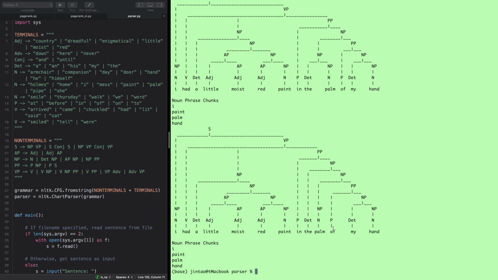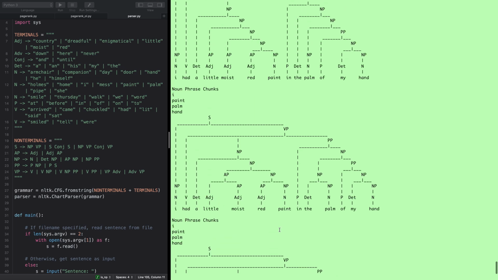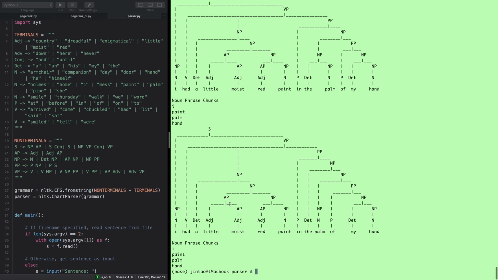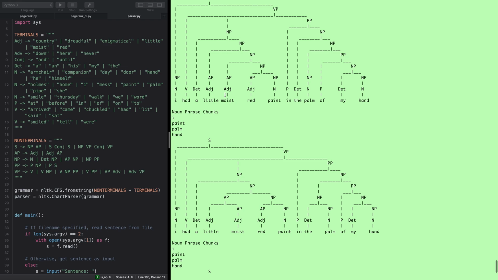I mean, this looks not so confusing, but for the computer, there are too many long phrase chunks and a lot of adjective words, and you cannot guarantee which one is describing which one. So you can see the layers of the adjectives. Is the little describing moist, or do little, moist, and red combined describe the paint?